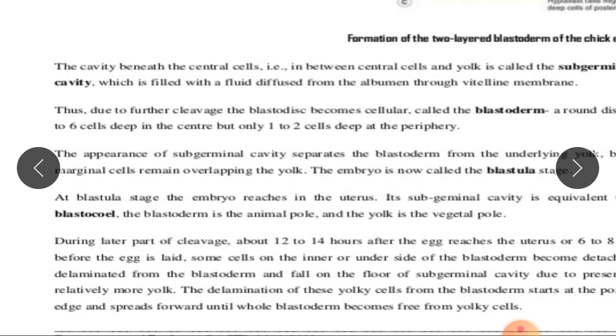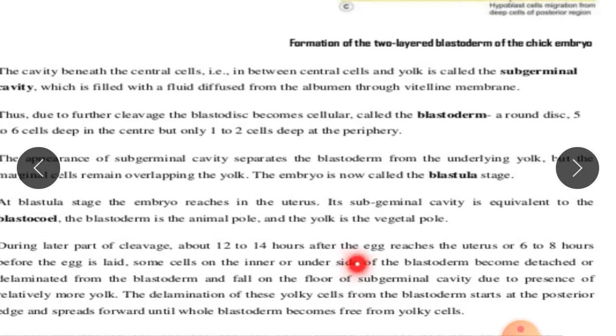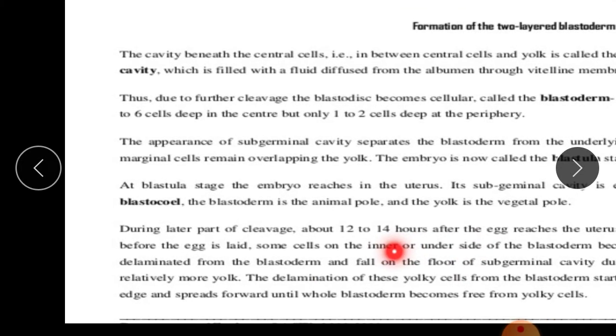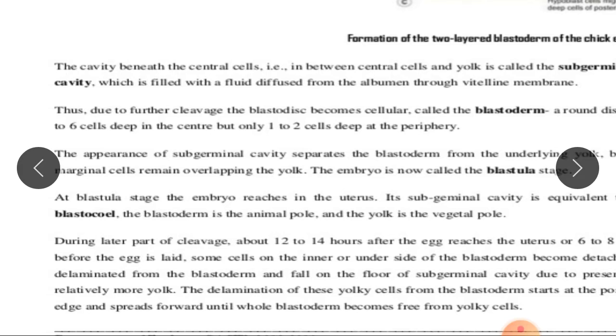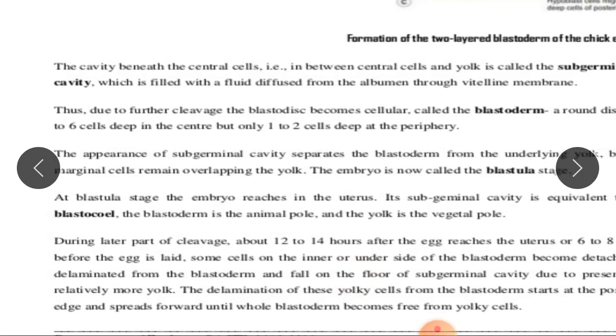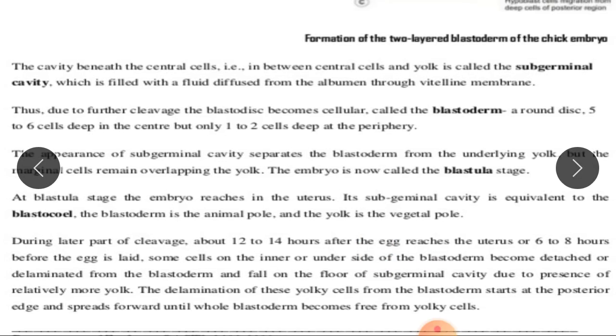During the later part of cleavage, about 12 to 14 hours after the egg reaches the uterus, or 6 to 8 hours before the egg is laid, some cells on the inner or underside of the blastoderm become detached, or delaminated, from the blastoderm and fall on the floor of the subgerminal cavity due to the presence of relatively more yolk.